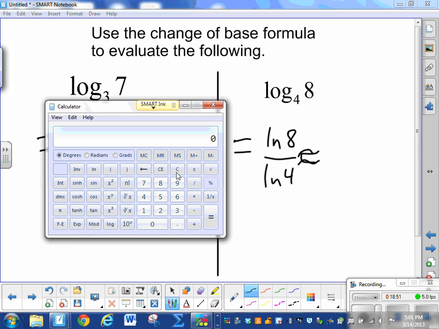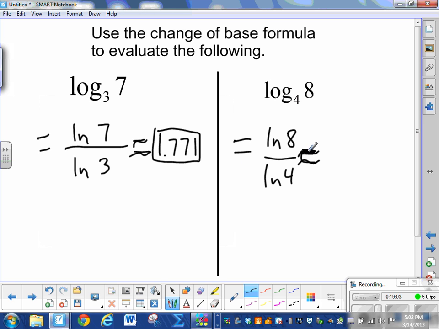So 8 ln divided by 4 ln equals 1.5. That's exactly 1.5, so we don't need the approximation sign. To double check your answer, 4 to the 1.5 should be an 8. That sounds right, so that's fine with me.